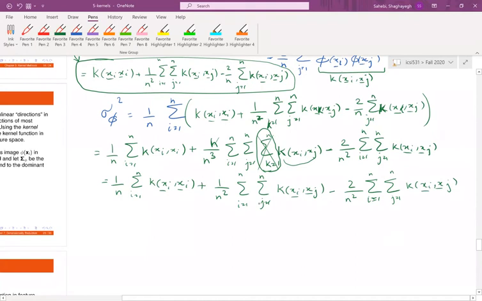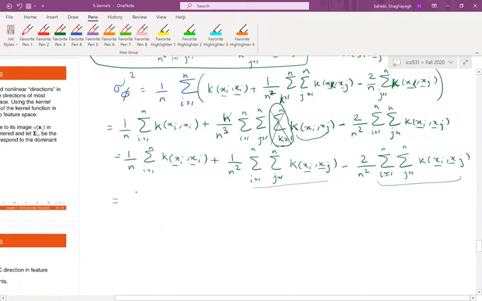Now, these two are basically the same thing. So it's going to be 1 over n sigma i equals 1 to n k xi and xi minus 1 over n squared, because it's like this one minus the second one, the third one, right? Sigma i equals 1 to n, j equals 1 to n, kernel between xi and xj.